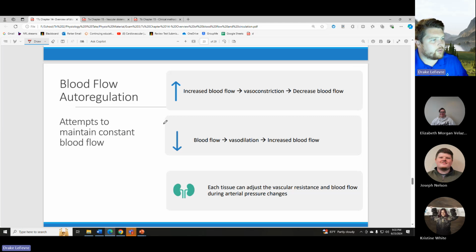Blood flow autoregulation attempts to maintain constant blood flow. This is kind of what we talked about, where if you have more pressure being put on, the smooth muscle relaxes. Less pressure, it'll go the opposite way and it'll contract to maintain a steady rate of flow.